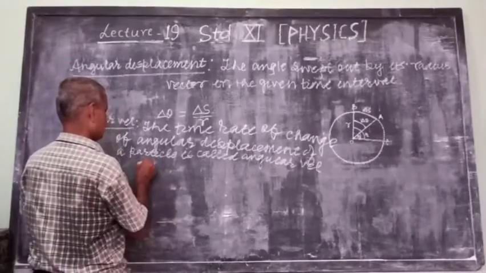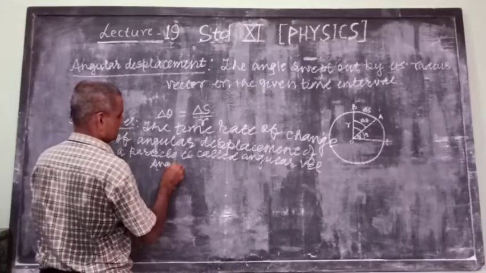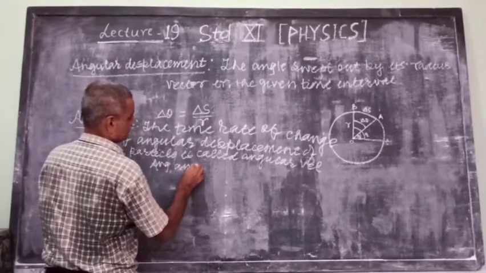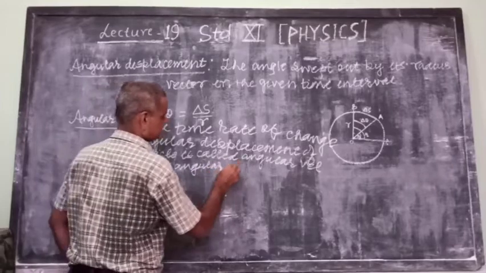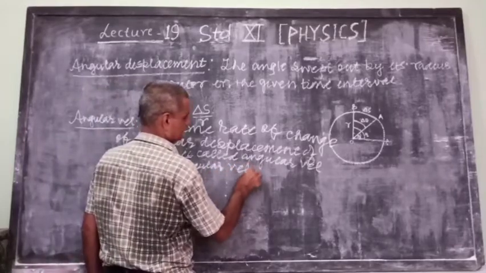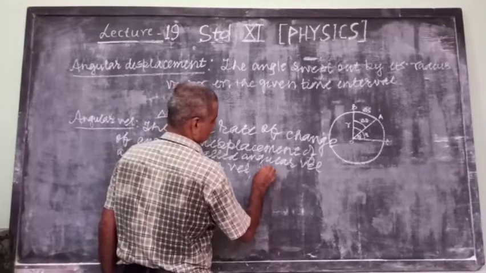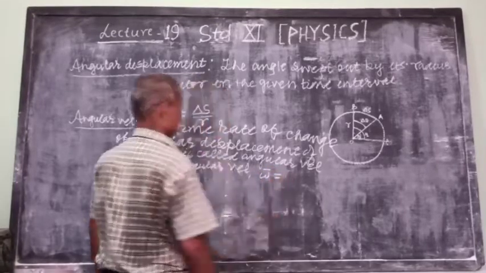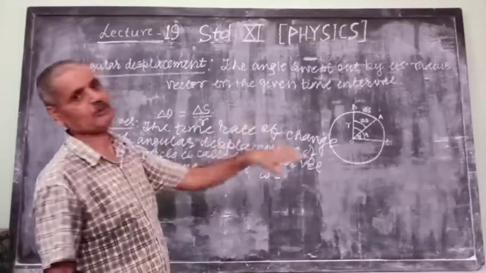Here we can write average angular velocity, this one, the time rate of change of angular displacement.